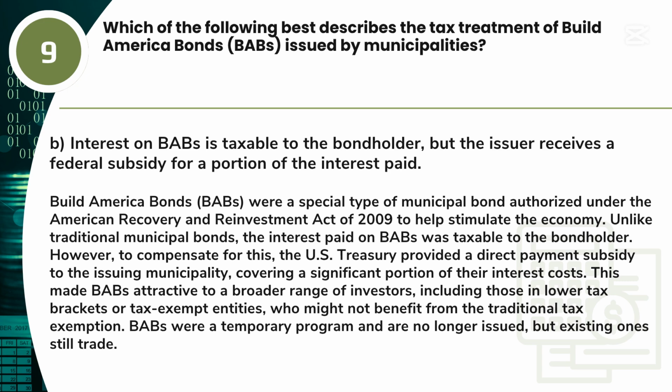However, to compensate for this, the U.S. Treasury provided a direct payment subsidy to the issuing municipality, covering a significant portion of their interest costs. This made BABs attractive to a broader range of investors, including those in lower tax brackets or tax-exempt entities, who might not benefit from the traditional tax exemption. BABs were a temporary program and are no longer issued, but existing ones still trade.